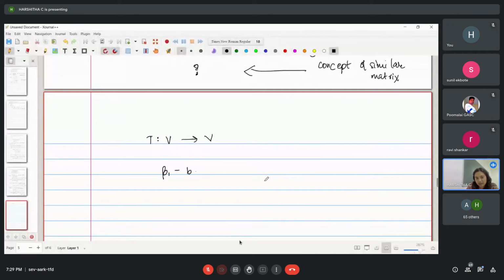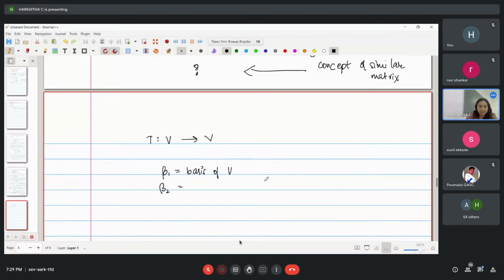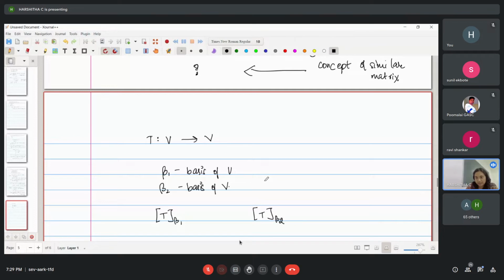This is a basis of V, and we have another basis of V. I hope you have seen that a vector space can have multiple bases. You take the matrix of T with respect to B1 and the matrix of T with respect to B2.